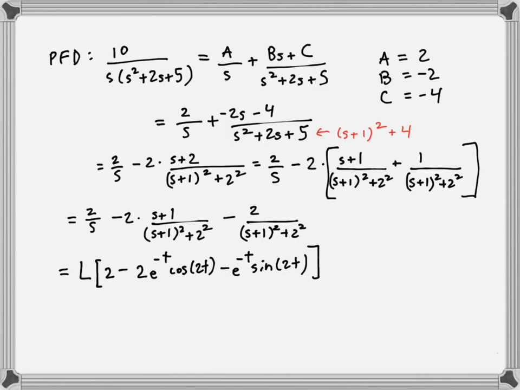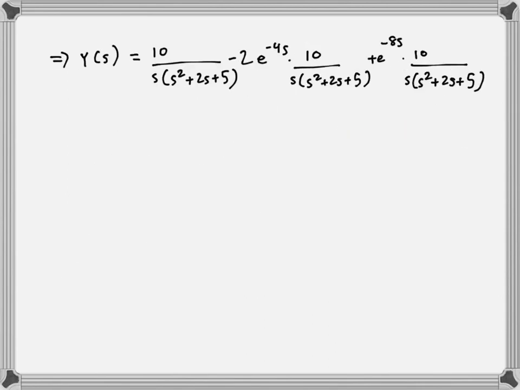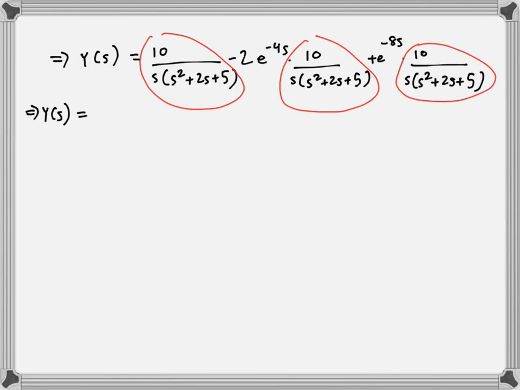So let's go back to our original problem. Remember, this is where we were, except now I know that Y of s is equal to, look, all of these guys are the same. So I'm going to write it this way.